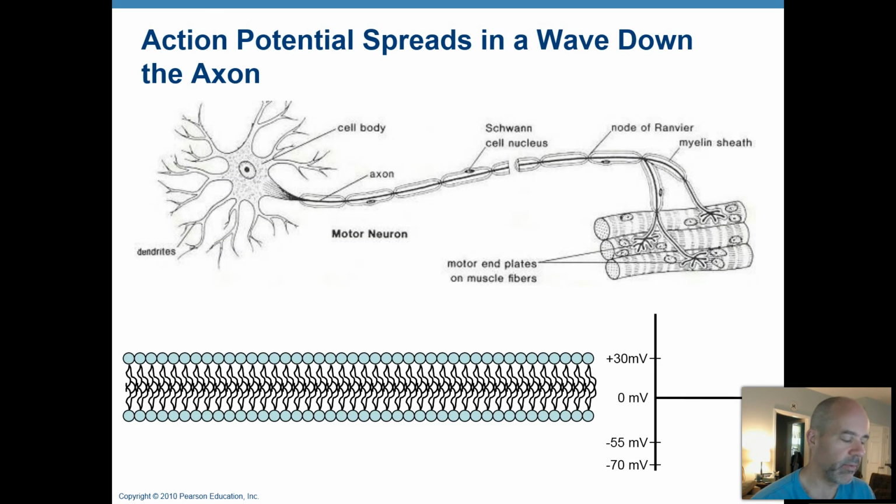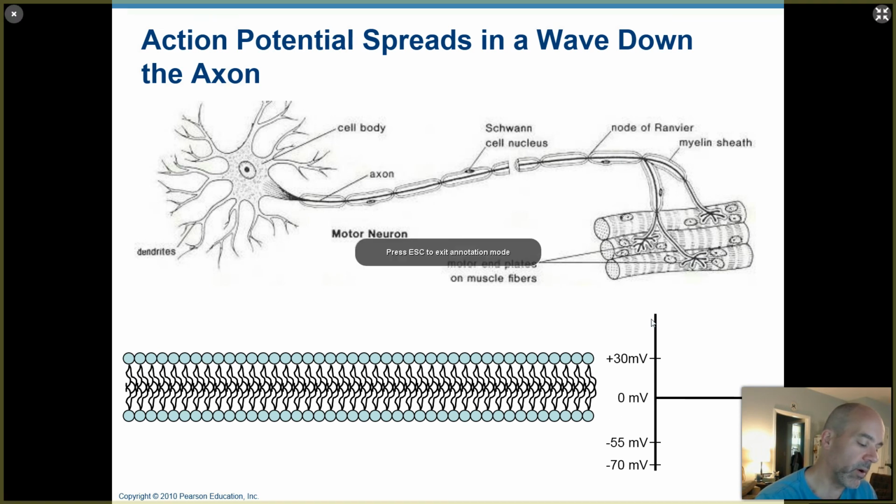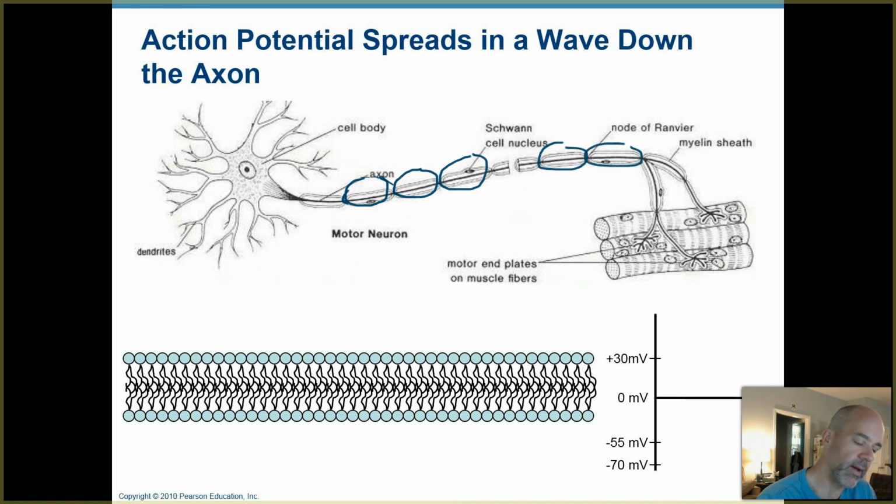Okay, so let's back up for a second. If we remember when we were going over the parts of a motor neuron, motor neurons have these little oval cells that live all up and down the length of the axon. We said those were called Schwann cells.